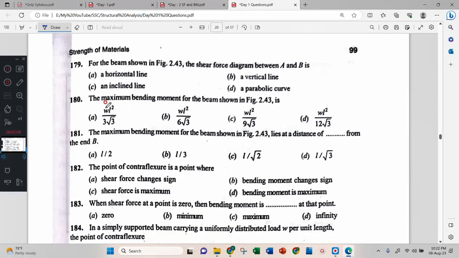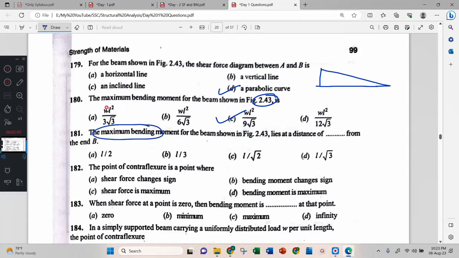Next, for the beam shown, the shear force at A and B is... parabola. Maximum bending moment for this beam? How much? You have to put it: WL square by 9 root 3.